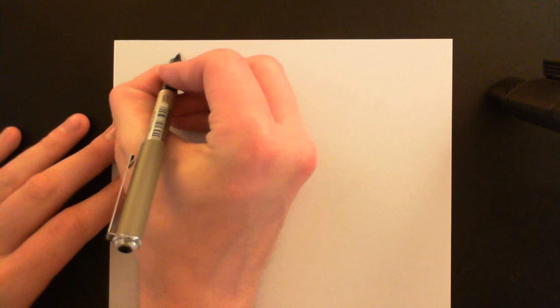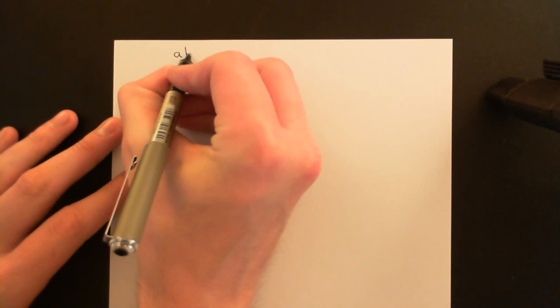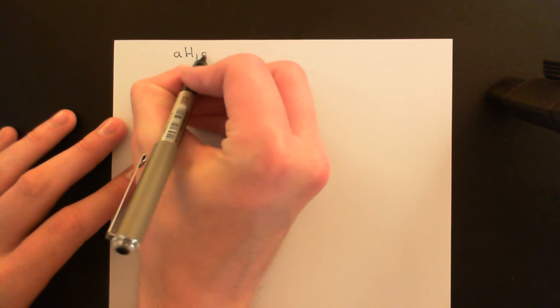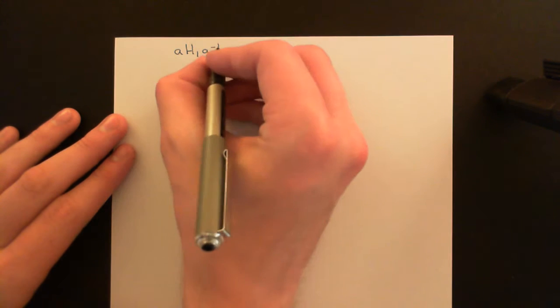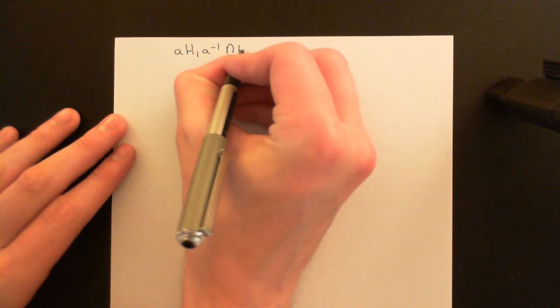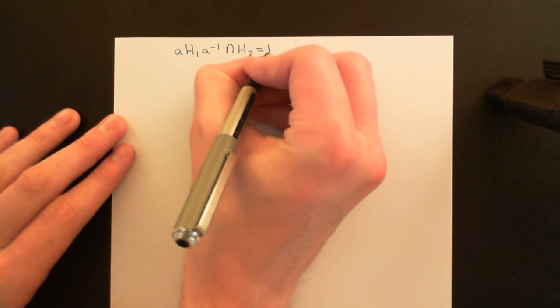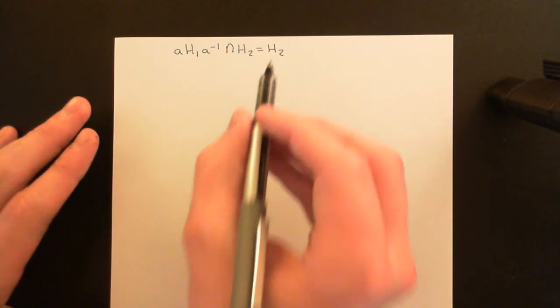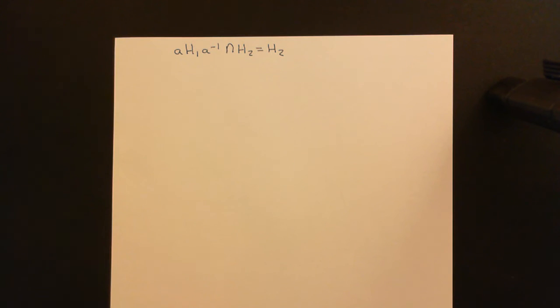So now what I can say then is that this subgroup that I'm getting, AH1A inverse, the first Sylow P subgroup conjugated by this element little a, intersect H2, is actually equal to all of H2, and that's just because that's the only Sylow P subgroup of H2, because H2 has order P to the power of alpha.